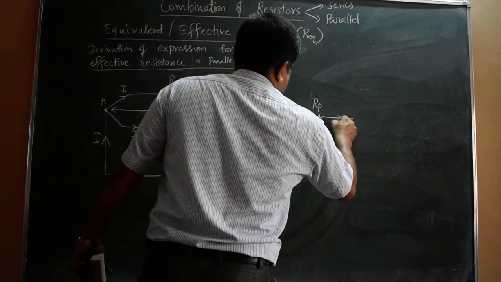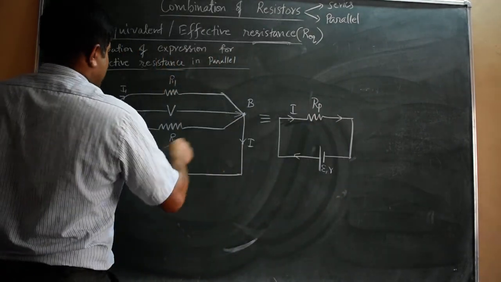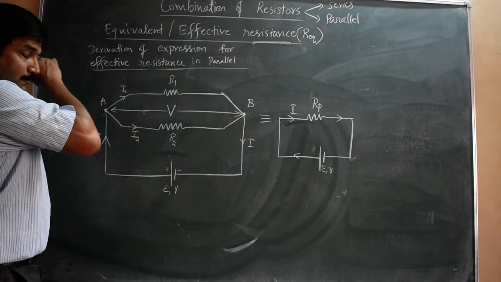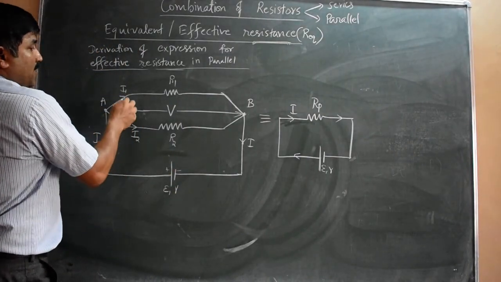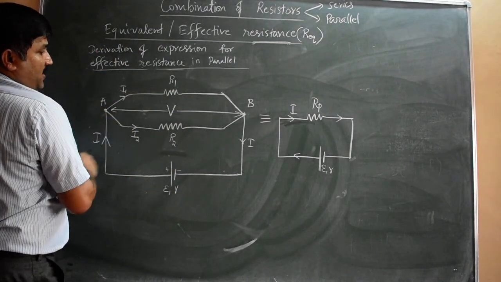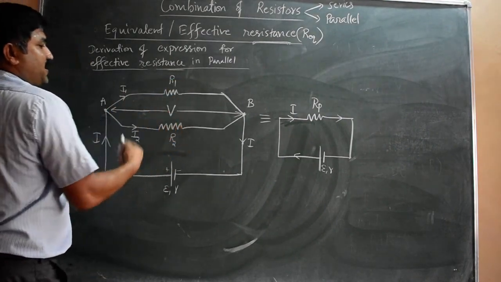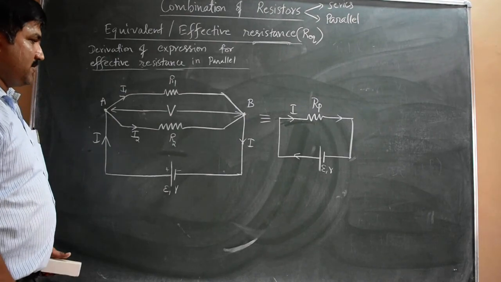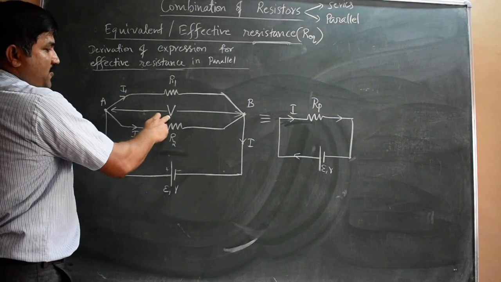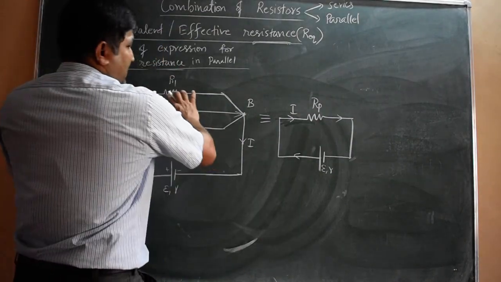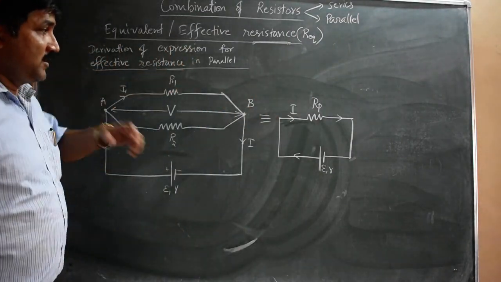The total current of the combination flows in the single resistor Rp, and the current through R1 is I1, the current through R2 is I2. The PD across the parallel combination is the same for every resistor, that is V. EMF is epsilon, internal resistance R. Now this circuit is equivalent to this circuit.